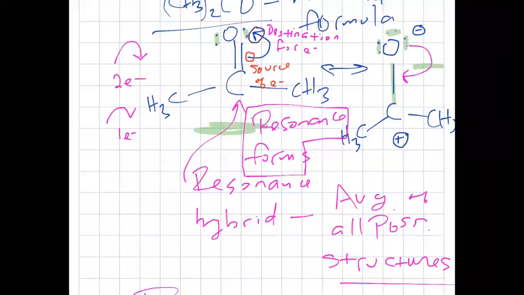Like that. And in doing so, that indicates that pair of electrons is now going to be used to make a pi bond between those two atoms. That's why when you draw resonance forms, you draw a double-sided arrow like this, meaning that they're interchangeable.